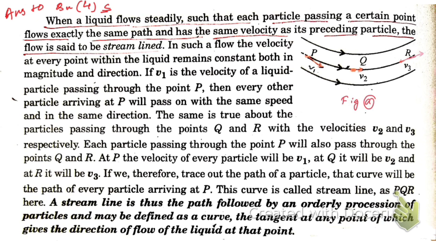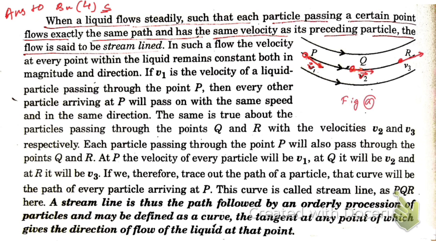Okay, so let me explain what is streamline flow first. Suppose here you see these 3 particles. If you consider these 3 particles P, Q and R, at these 3 points, the velocity is v1 here, you can see clearly. Here the velocity is v2, and at the point R velocity is suppose v3.